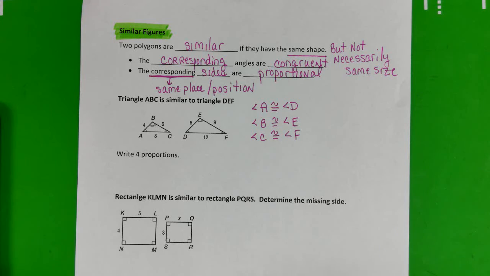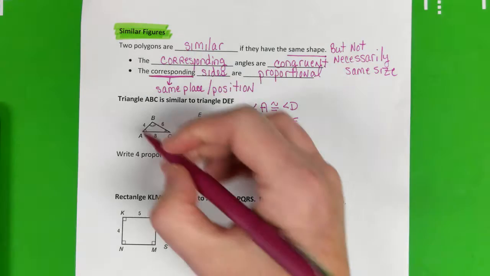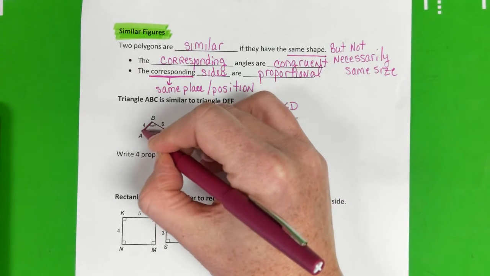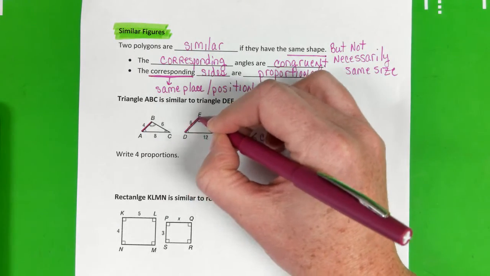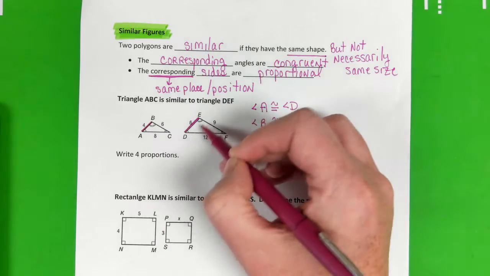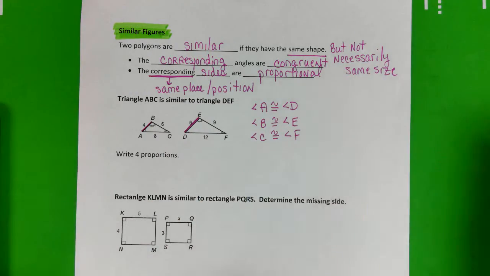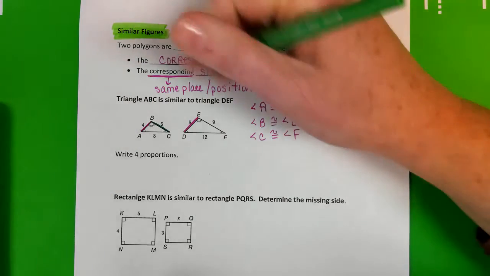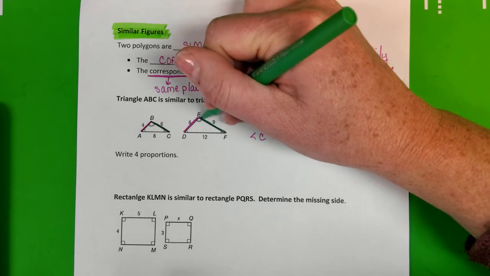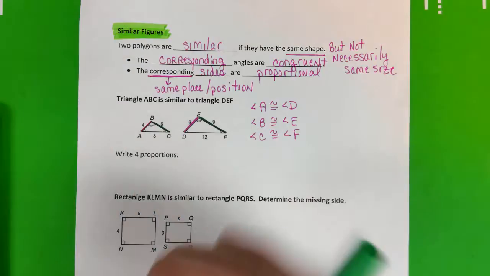The other thing I want to show you, I'm going to trace them with my colors here. Line AB corresponds to DE. One way we can tell is by the markings, because they match up. And then BC goes with EF.